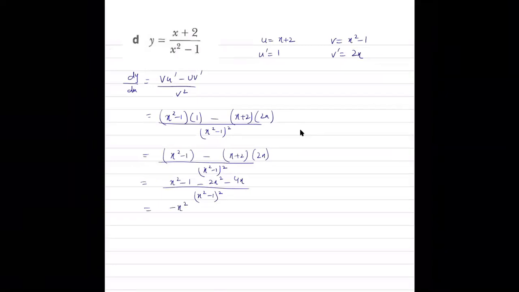So minus x squared minus 5x over x squared minus 1 the whole thing square. This is dy by dx.